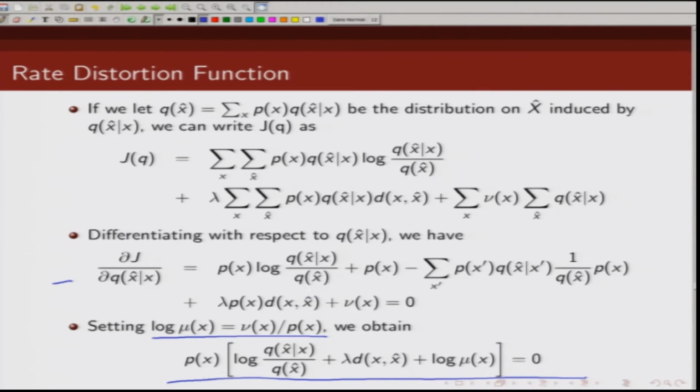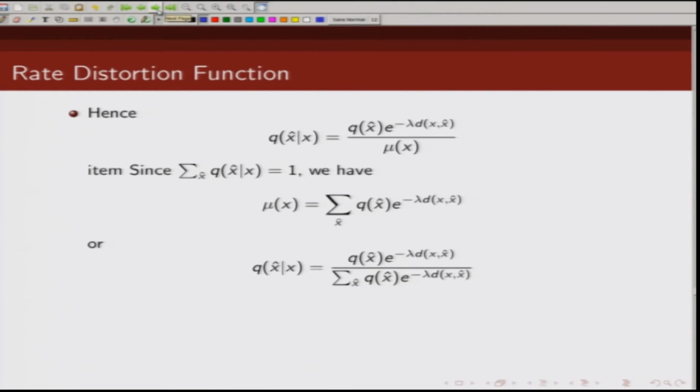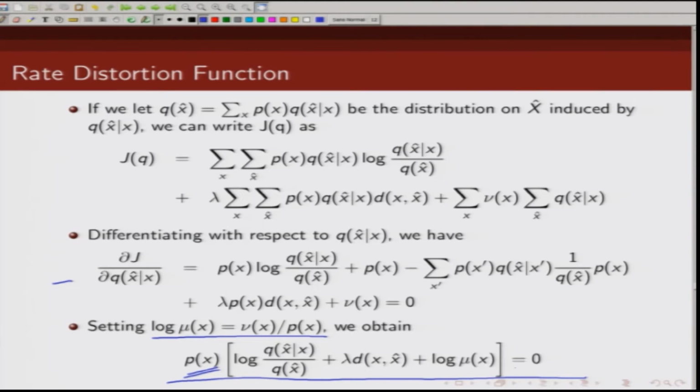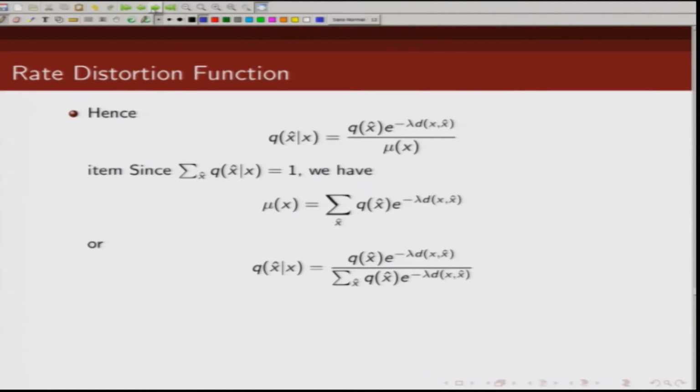So, we get p x times log of q of x hat given x by q of x hat, plus lambda times distortion measure between x and x hat, plus log of mu x, that is 0. Now, this is non-zero. So, what we can get is this is 0. From here we can write q of x hat given x, and that comes out to be this.